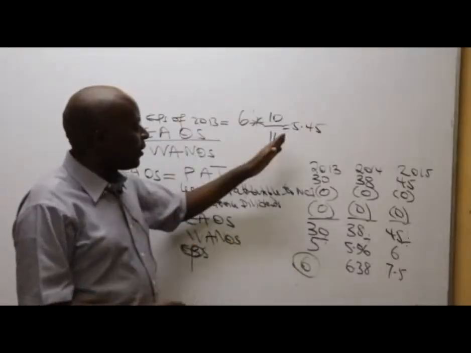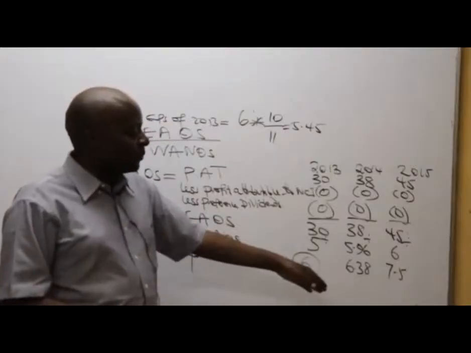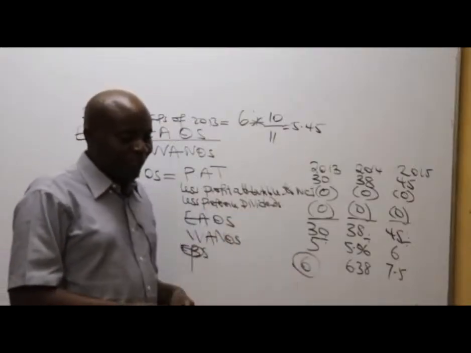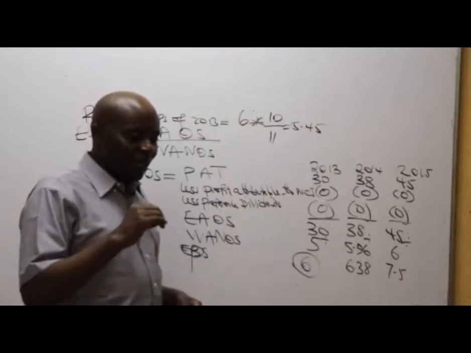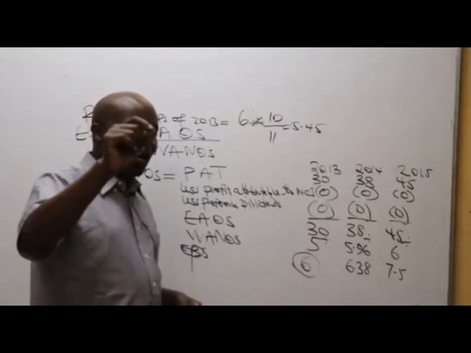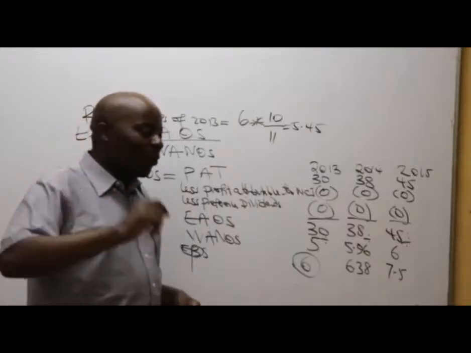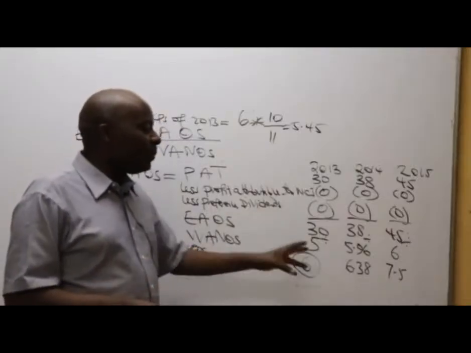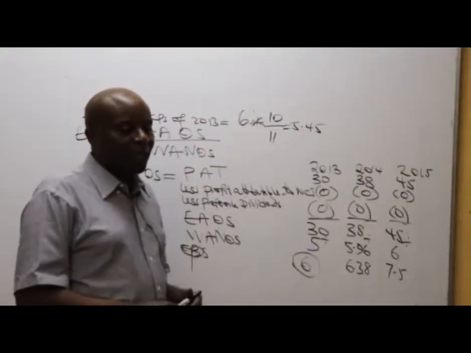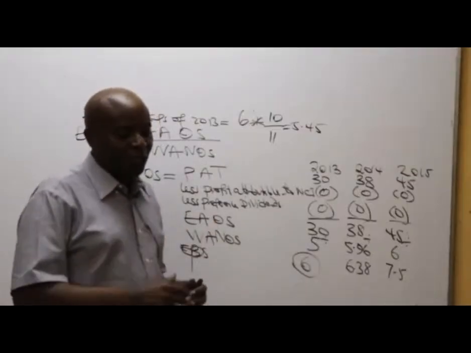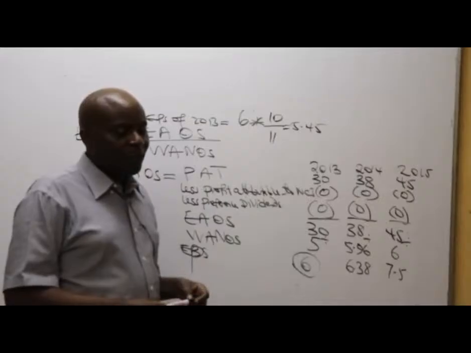Because now I'm comparing 5.45, from 5.45 we went to 6.38, we went to 7.5 like that. So the comment that you're putting there is that this company's performance is superb. Any CEO who is able to increase their EPS like this should be able to earn huge bonuses.